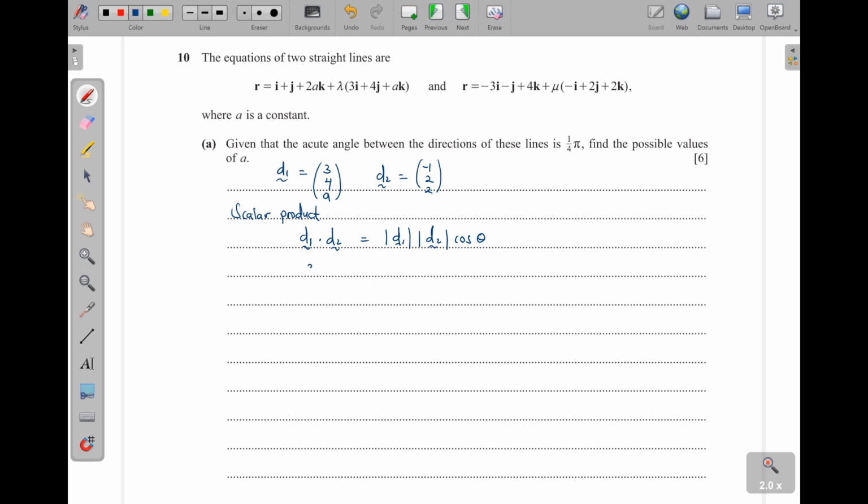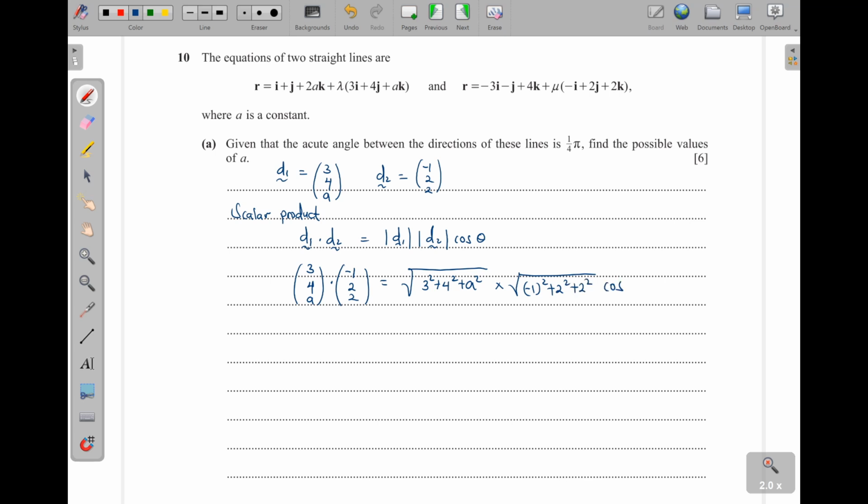Now, we are going to have 3, 4, a, then dot it with -1, 2, 2. And then this side, the square root of 3 squared plus 4 squared plus a squared. Then times the square root of (-1) squared plus 2 squared plus 2 squared.